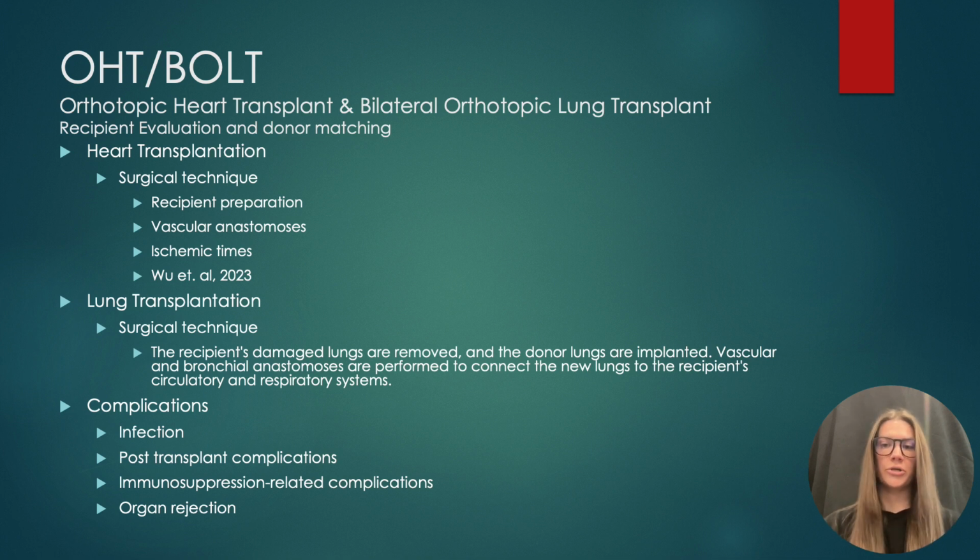So the donor's heart, major vessels, aorta and pulmonary artery, are sutured into the recipient's vessels, and then the atria are connected. We want to reduce as much ischemic time as possible, so it's like downtime. Minimizing the ischemic time is crucial because it preserves the donor heart. Techniques like cold preservation and in some cases machine perfusion are employed, such as bypass.